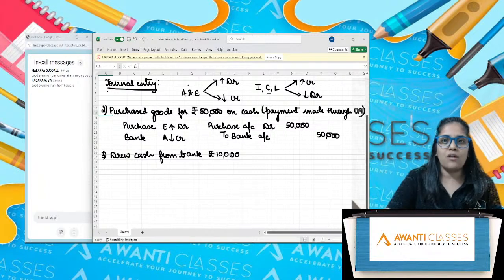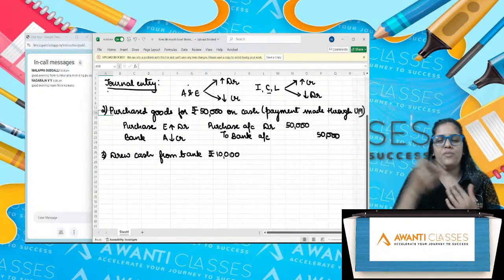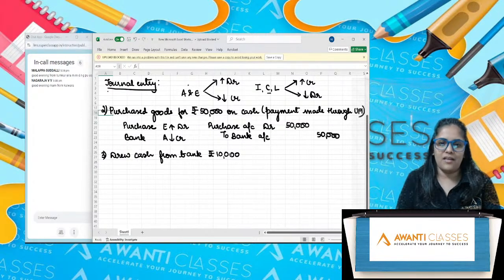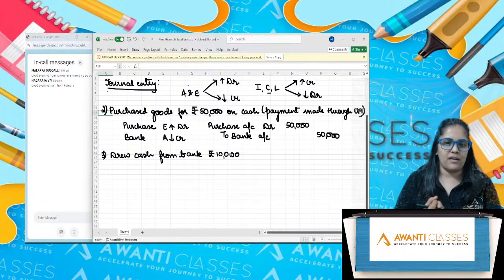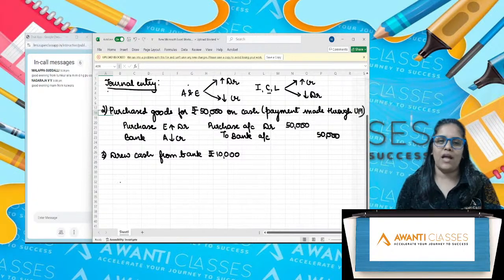This is your bank balance only, your cash only, but you want to have money in your hand, so you're removing money from bank. Your bank and your cash balance both are involved here.